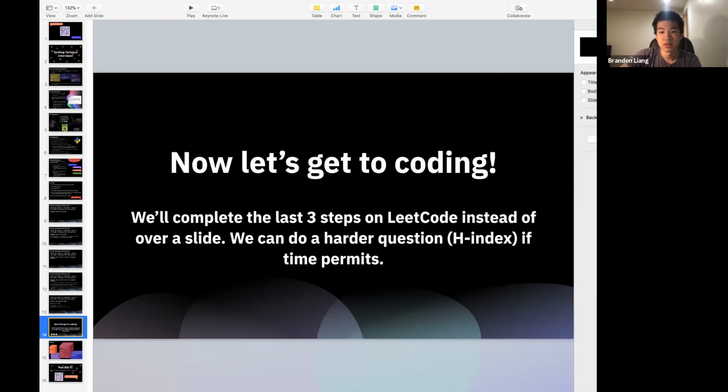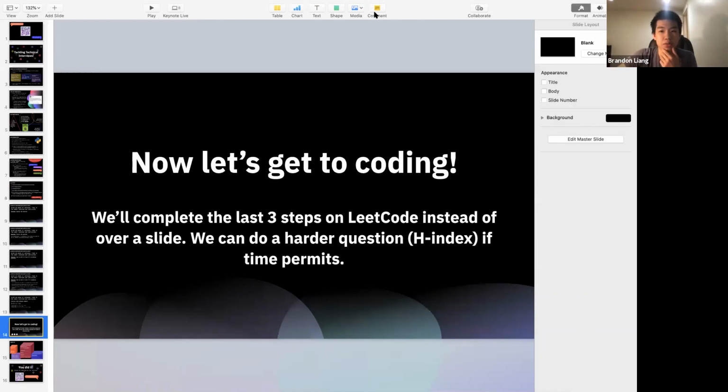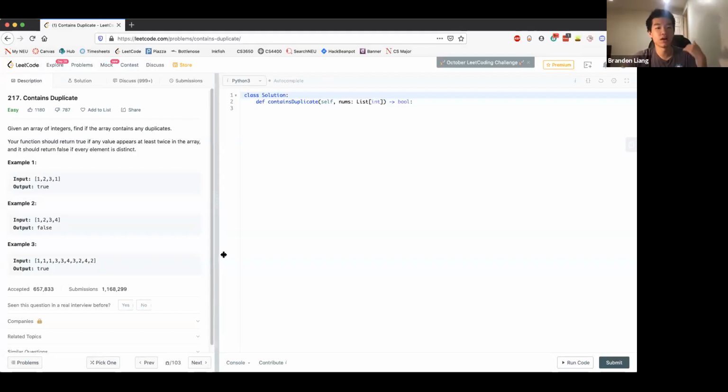Okay, let me clear my solutions really quickly. Let me change the screen I'm sharing. So, stop share. All right, can you guys see LeetCode on my screen?